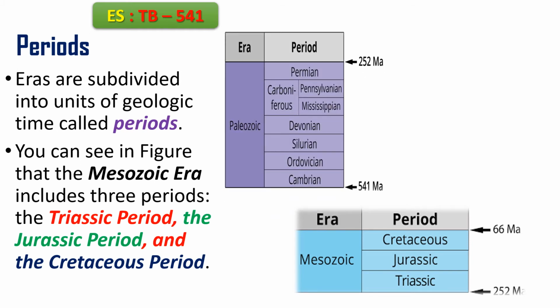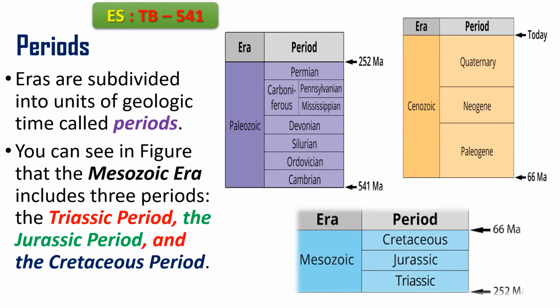The Paleozoic era is divided into 6 periods: Cambrian, Ordovician, Silurian, Devonian, Carboniferous, Permian. Cenozoic era is divided into Paleogene, Neogene, Quaternary. These are the main periods.